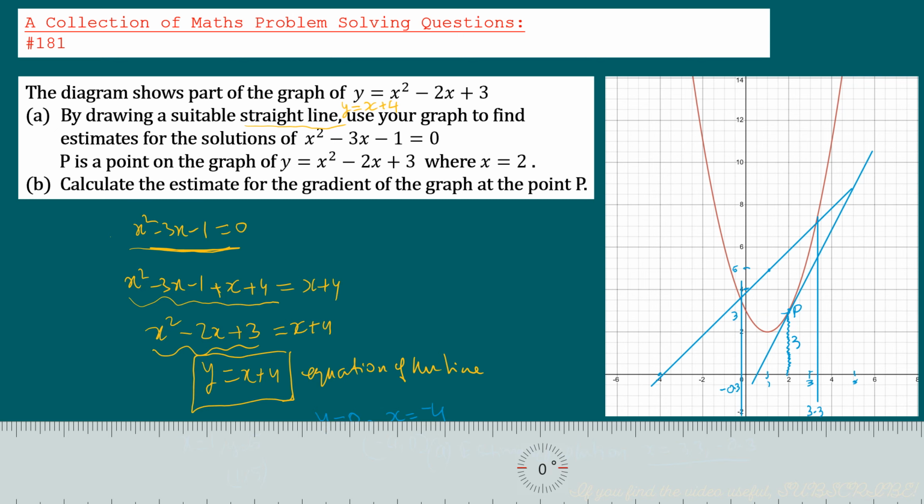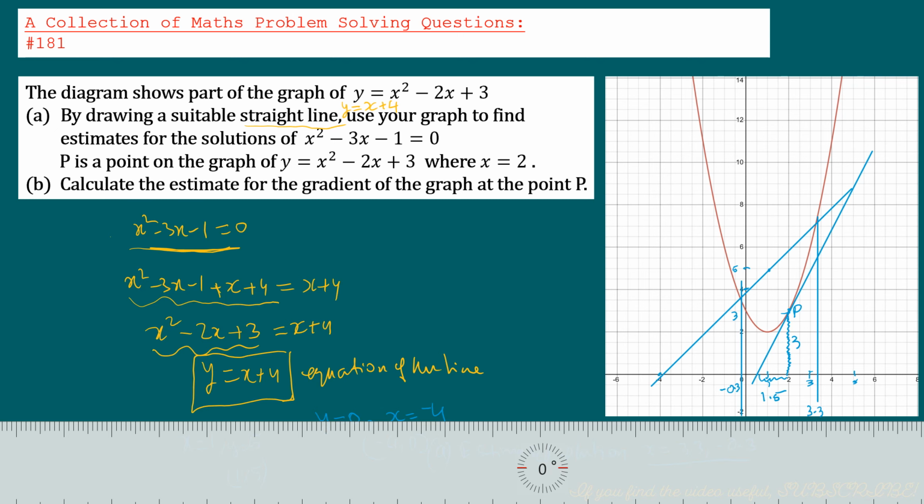So the y coordinate would be 3, and for the x coordinate, that would be this one. So that is 3 divided by this much, so 2 minus 0.5, that would be 1.5.